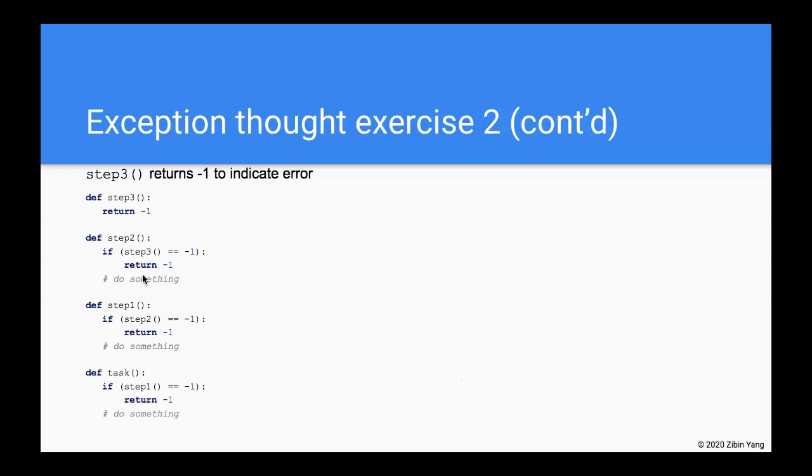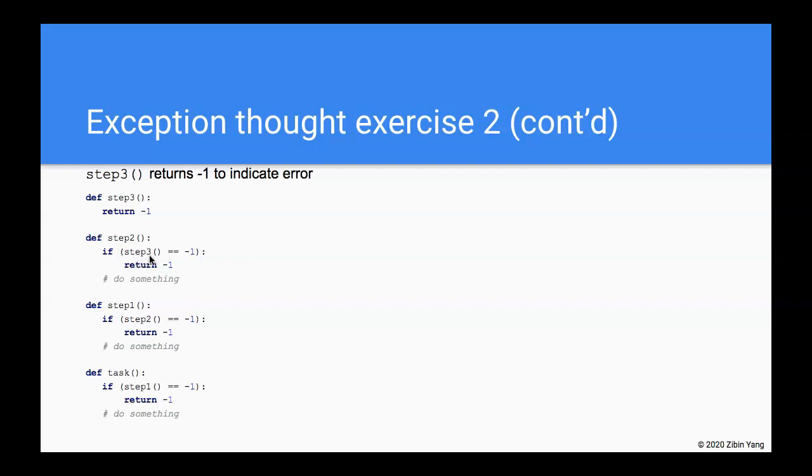And I don't even have enough room to write out all 5 steps, so I'm going to stop at step 3. Step 3 can potentially return a -1, and it should cause the entire task to abort. Then step 3 is called by step 2. What does step 2 have to do?